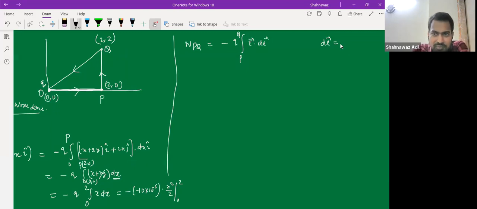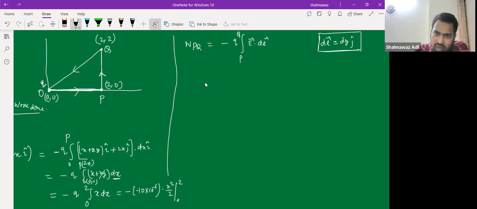So this would be dx or dy. Which part will survive? Which part is 0? Dy. Yes, right, Faisal. So good, dy j. So this would be the line element, right?